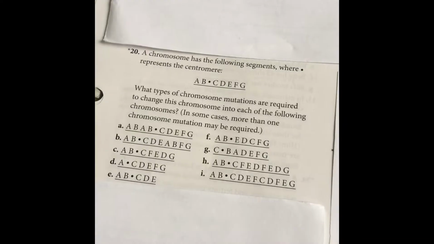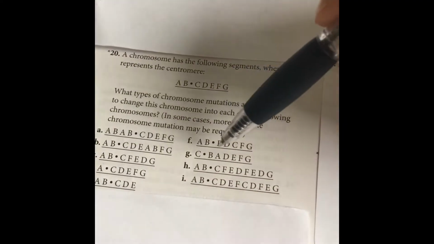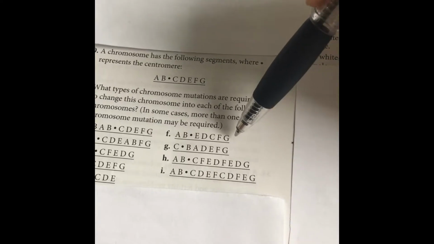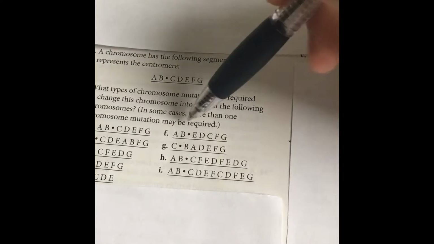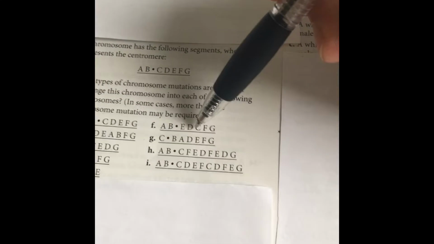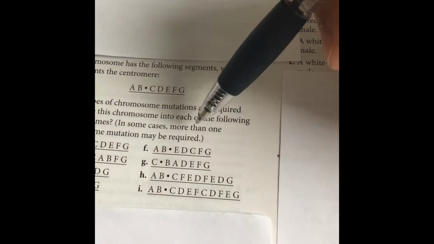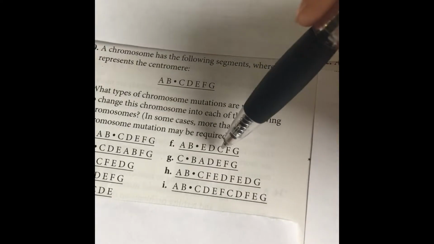And then okay, looking at F now, A, B, okay, should be C, D, E, F, G. This would be a pericentric inversion. No, alright, it's still paracentric.